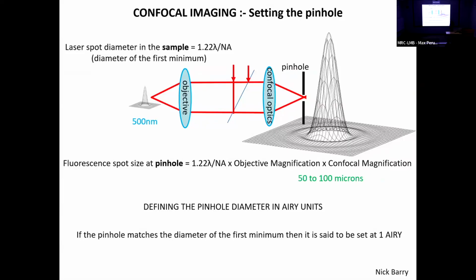It doesn't matter if you've got a confocal from manufacturer A or manufacturer B. 1 Airy is 1 Airy. That allows you to know how big your pinhole is relative to the point spread function of the microscope. And typically for a confocal microscope, you set the pinhole at 1 Airy.